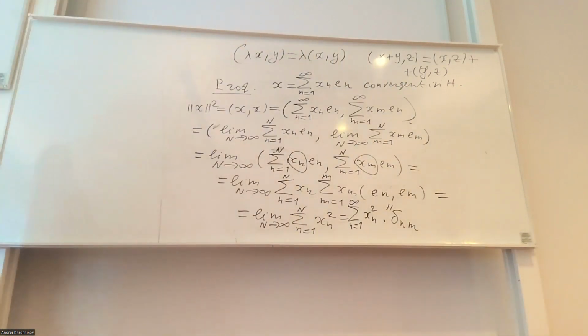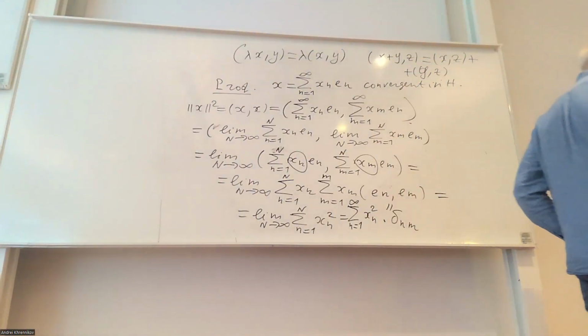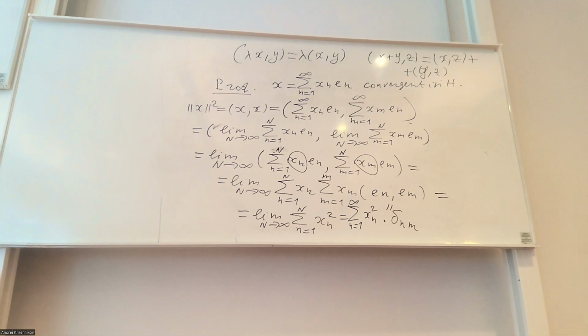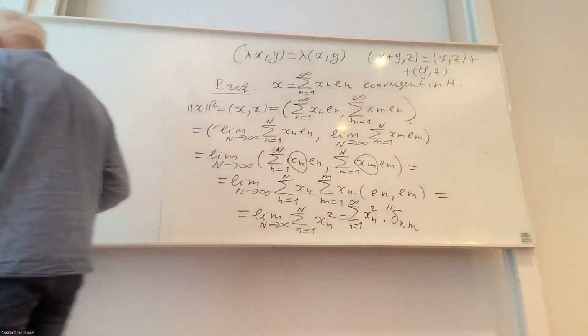So the square of the norm of the vector in Hilbert space is equal to the sum of squares of coordinates with respect to the orthonormal basis. But it was not so complicated a problem. We just wrote it in detail.